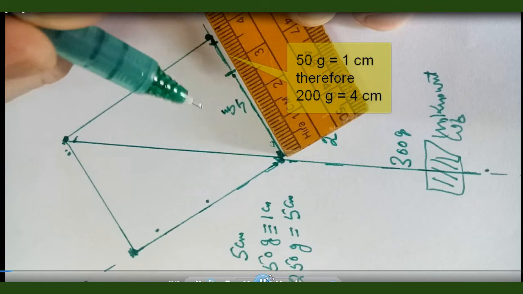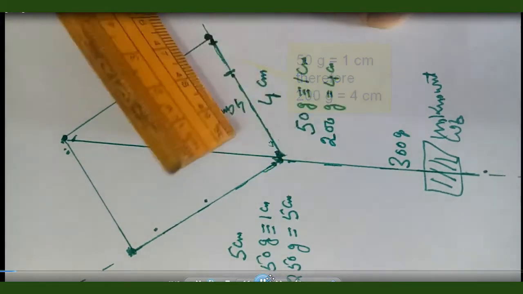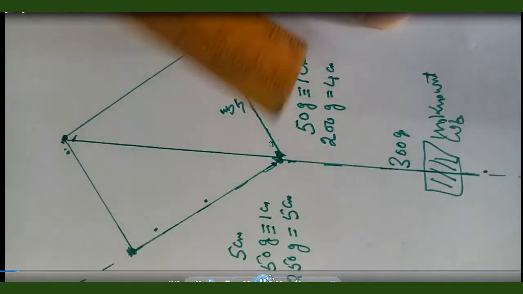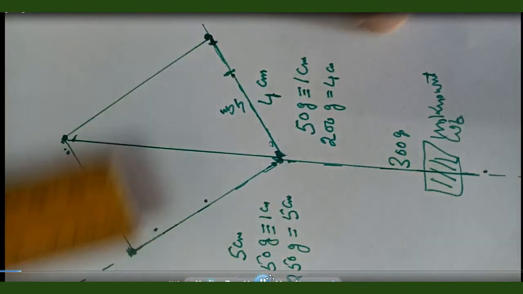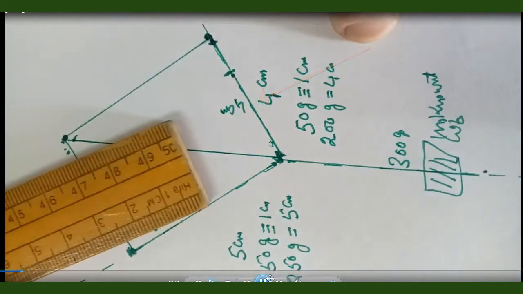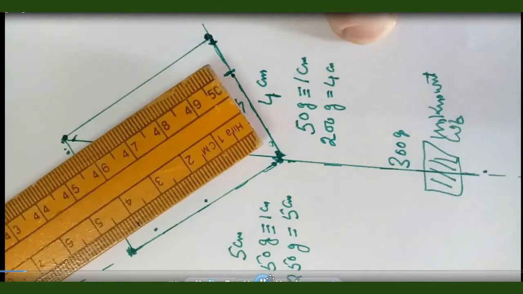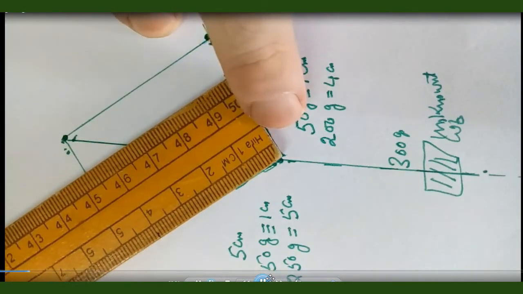So if there is 200 gram, that becomes 4 centimeter. So this length is 4 centimeter. I cut this length 4 centimeters.